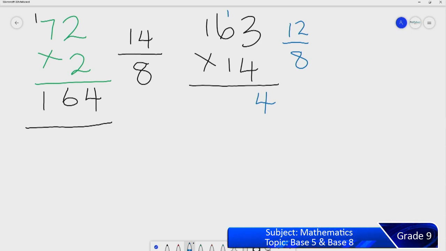Next, 4 multiplied by 6. 4 sixes, 24. Put it outside. But we also have to add the one that is remaining there. So 24 plus 1 gives us 25.